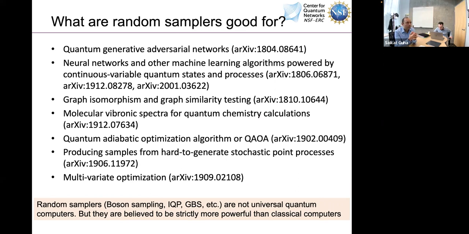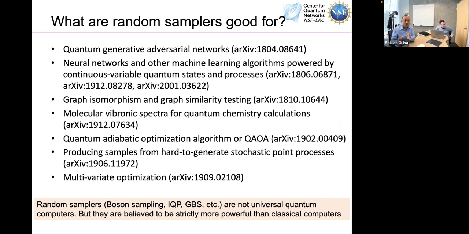What kind of algorithms? Well, Christos talked about the Hafnian: the probability distribution of a click pattern is the magnitude squared of a Hafnian. Turns out you can take any graph and map it in a certain way into the covariance matrix of the Gaussian state at the output of the Gaussian boson sampler, which you detect.